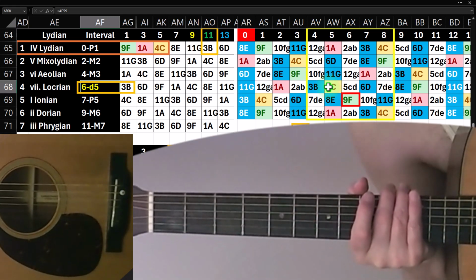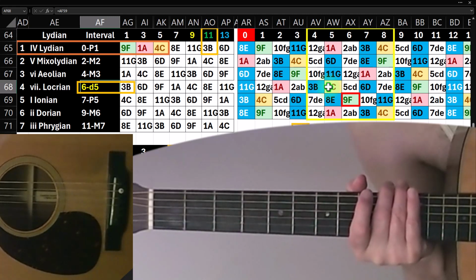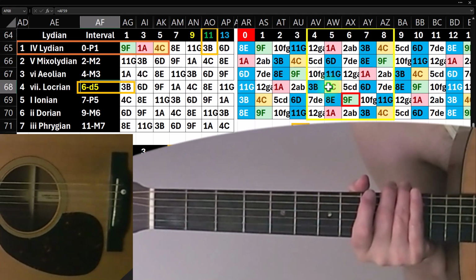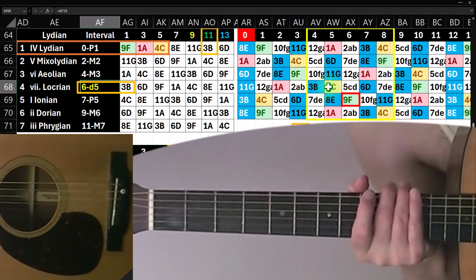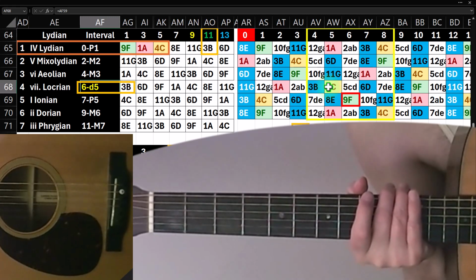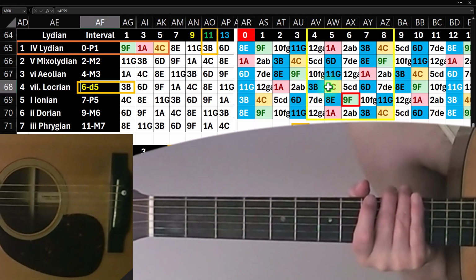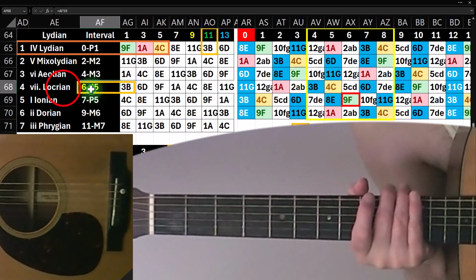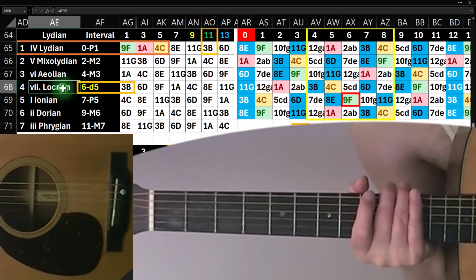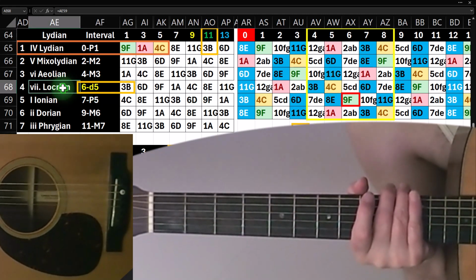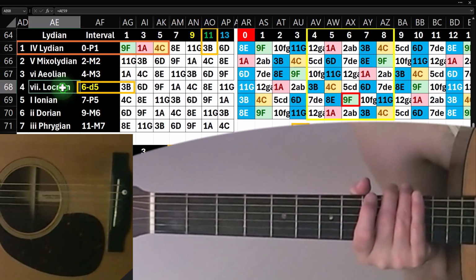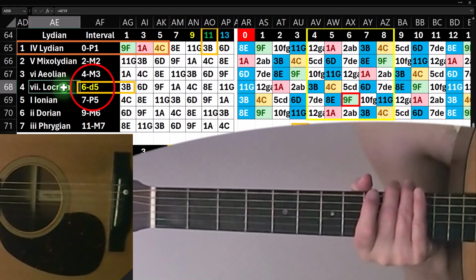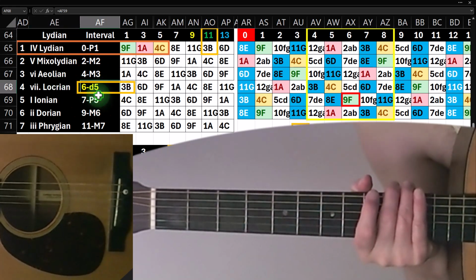One more thing of note here, and that is that the diminished or the augmented fourth is the funny interval. That's the interval that is really tension-y sounding. That's actually the interval that makes Locrian mode crazy. You know how the Locrian, when we build a chord, it has the diminished fifth. The diminished fifth is this same interval, right?